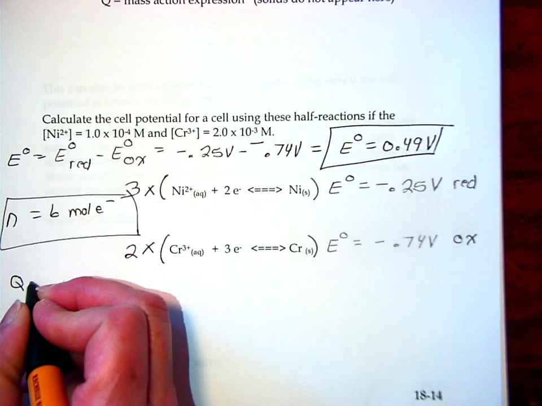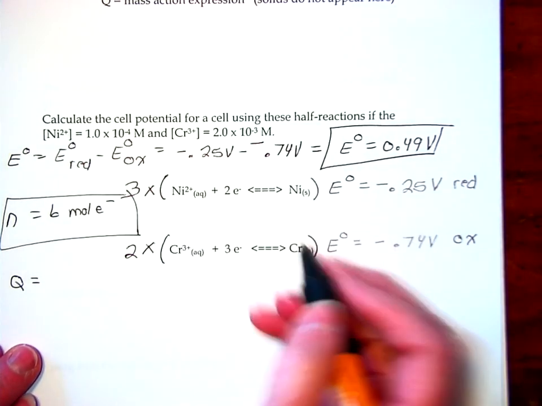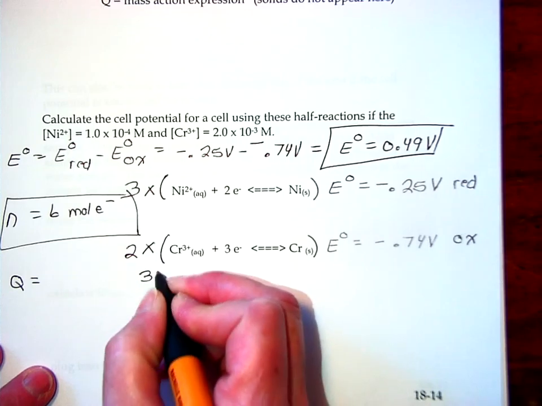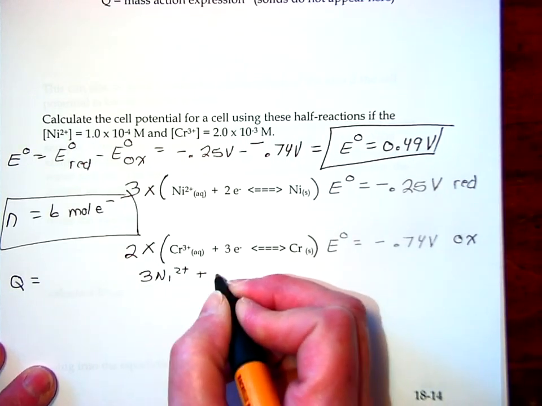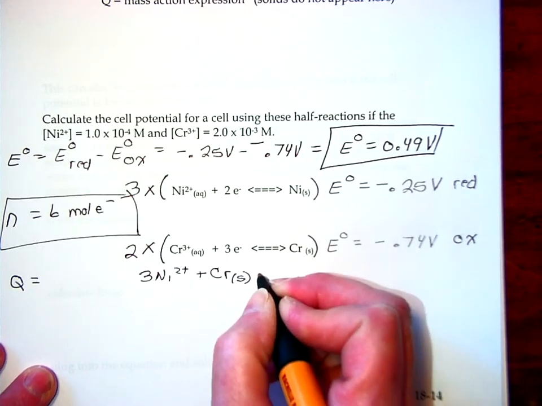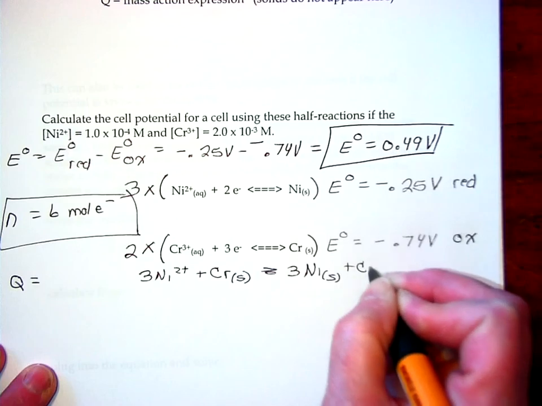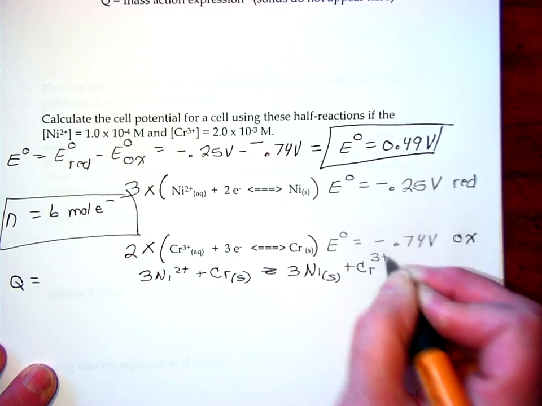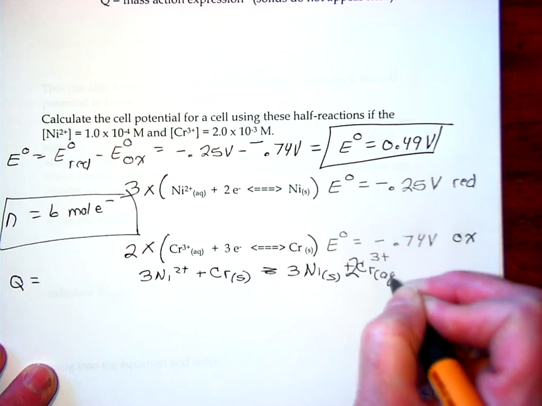So Q for this reaction comes from the combined reaction. And if we put these together, we get 3 nickel 2 plus, which is the reduction half, plus chromium solid, I'm turning that around because it's getting oxidized, is going to be in equilibrium with 3 nickel solid plus chromium 3 plus, and I have 2 of these, and my 6 electrons cancel.